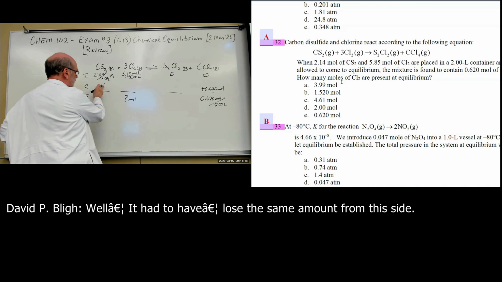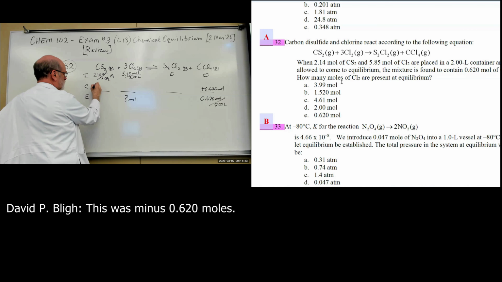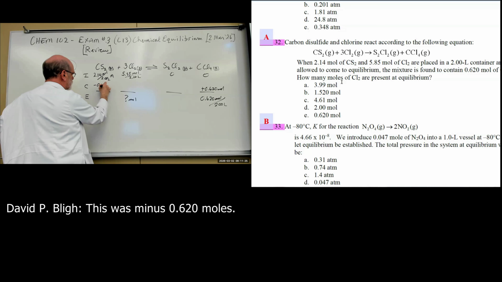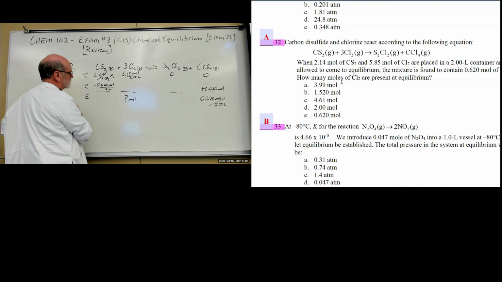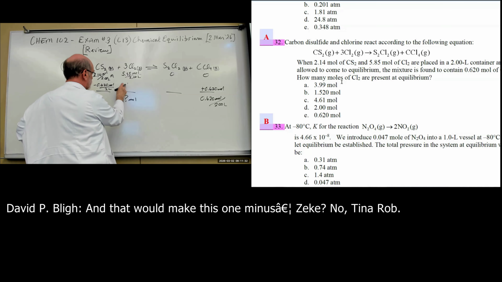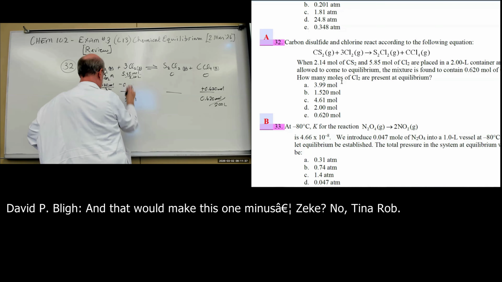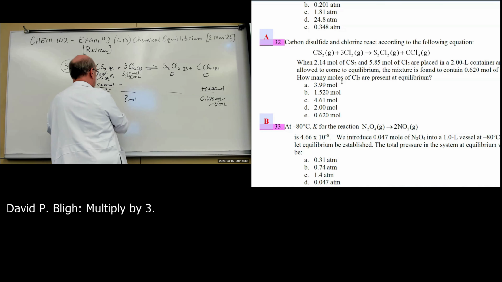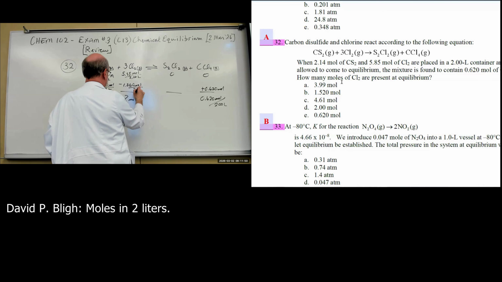Well, it had to lose the same amount from this side. This was minus 0.620 moles per 2 liters, and that would make this one minus 0.620 multiplied by 3, moles in 2 liters.